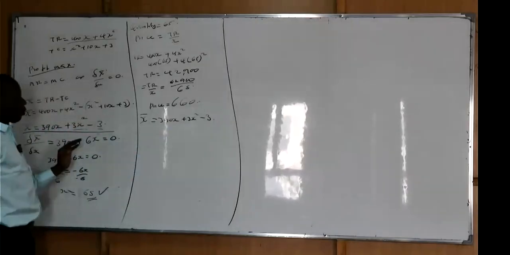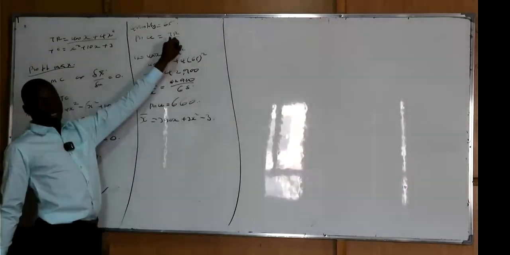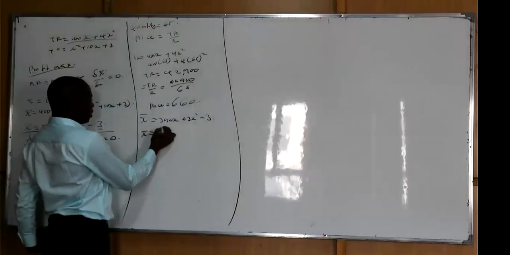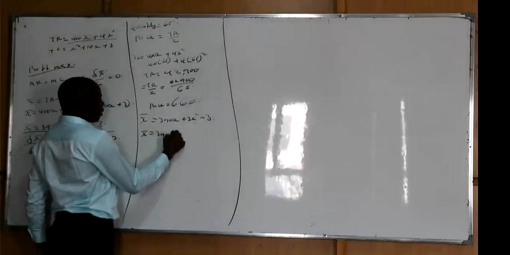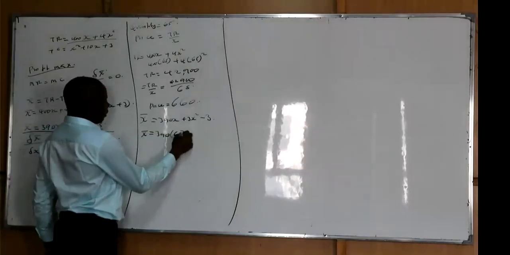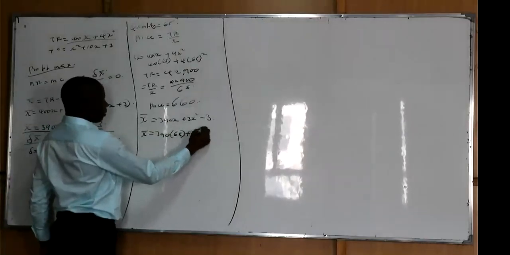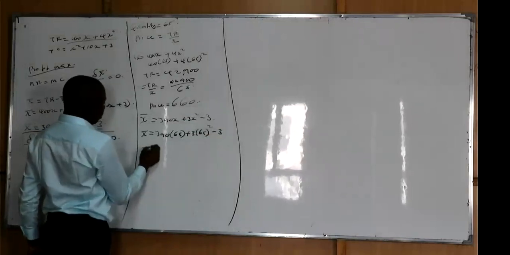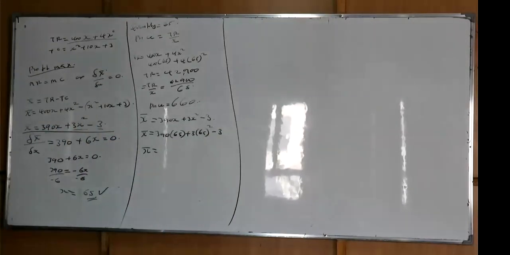Where there is x, x is 65, right? So the profit function will be 390 multiplied by 65 plus 3 into 65 squared minus 3. So this will be the maximum profit.